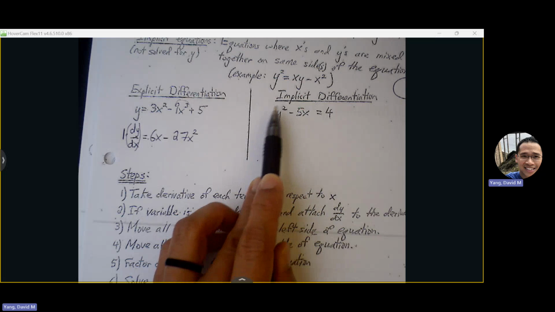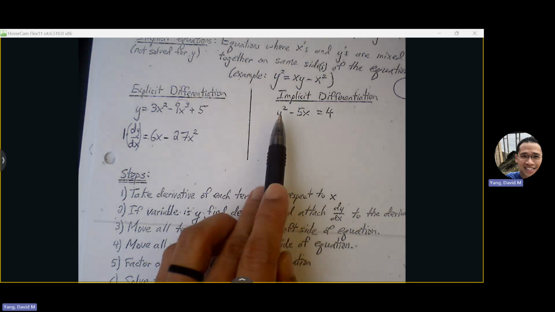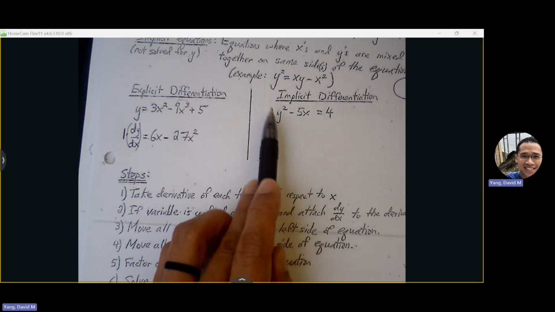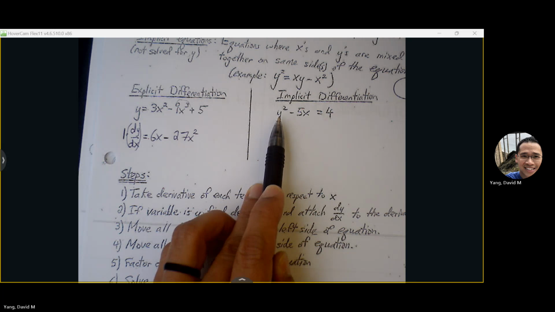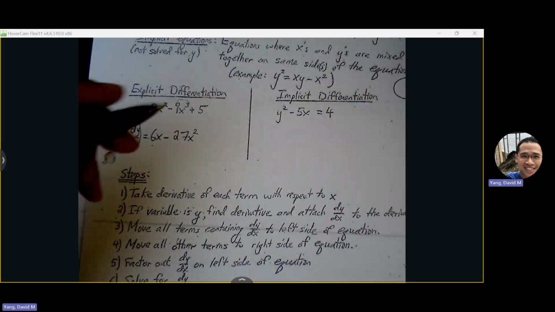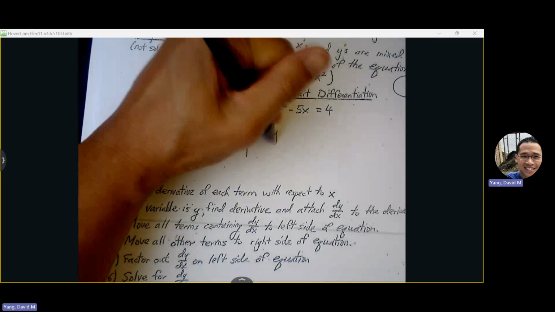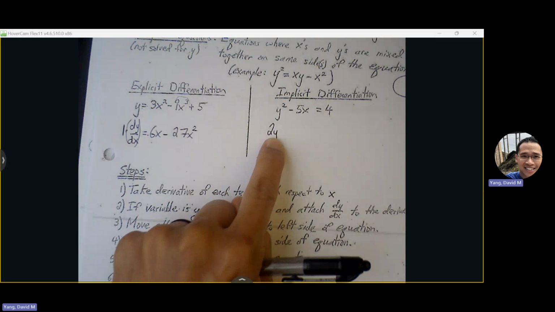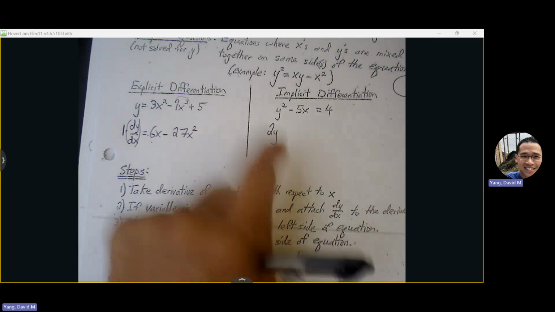Here we can see something's a little bit different about this equation. The y is not by itself, and there's also something done to the y variable. Let's go down each of the terms. What's the derivative of y squared? 2y. You treat it exactly like x, but because we are asking for y's derivative, we need to also multiply by what?